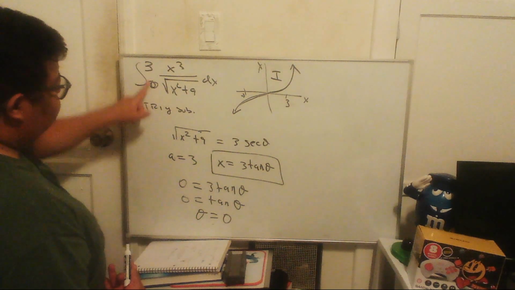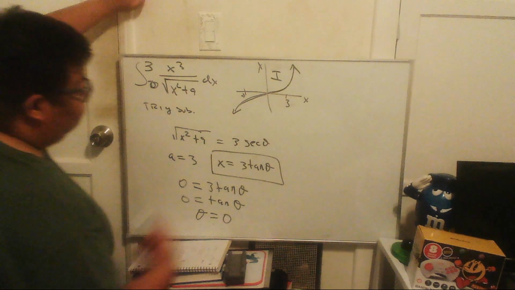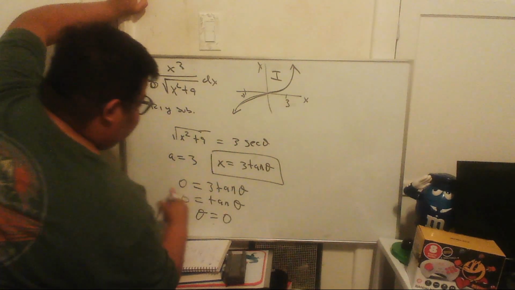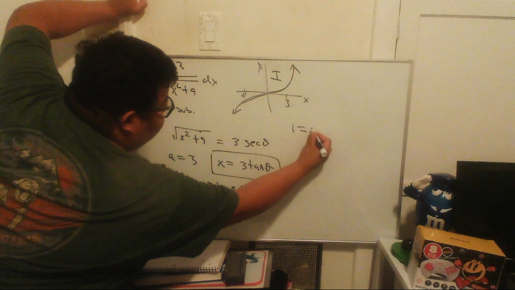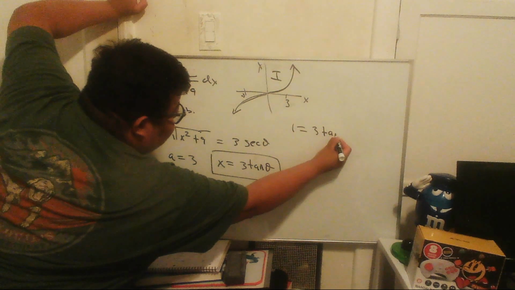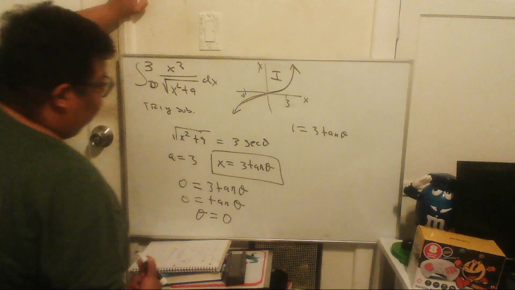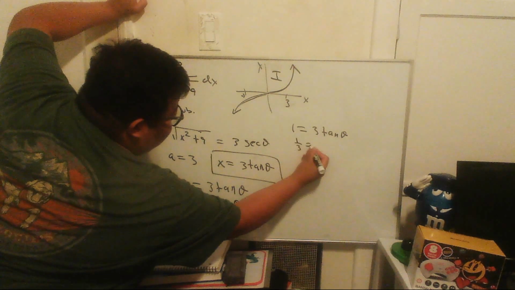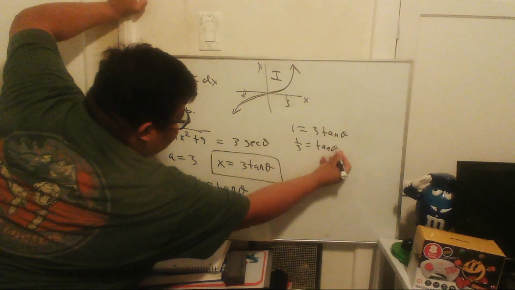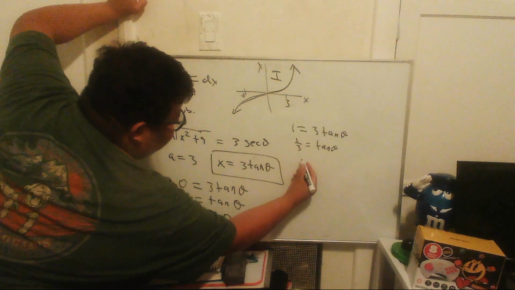Now the next step is setting, instead of x, 1 equal to 3 tangent theta. We solve for tangent, so 1 over 3 equals tangent theta. So when is tangent theta equal to 1/3?